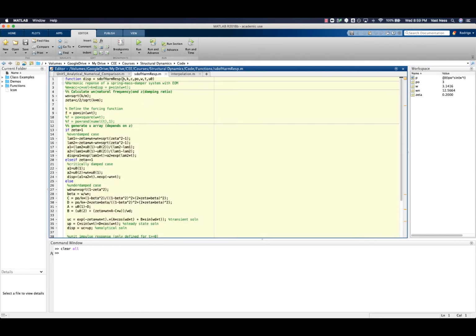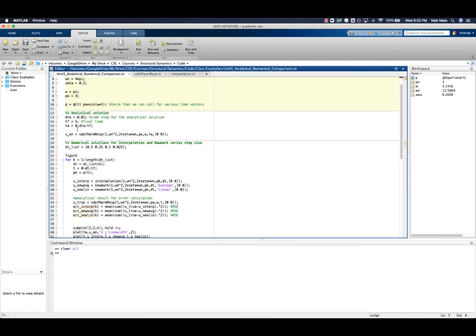It takes as inputs the mass, stiffness, and damping of a system, plus the input forcing magnitude and input forcing frequency, as well as a time vector to solve for and some initial conditions. So this takes in everything we learned from Unit 2.